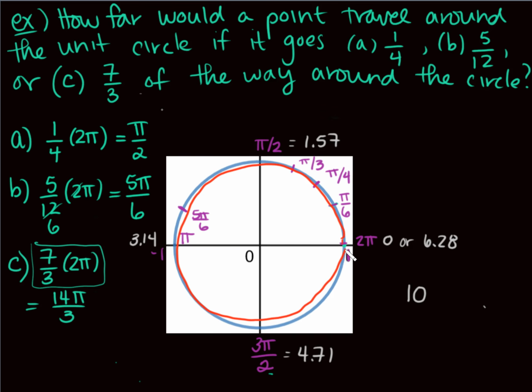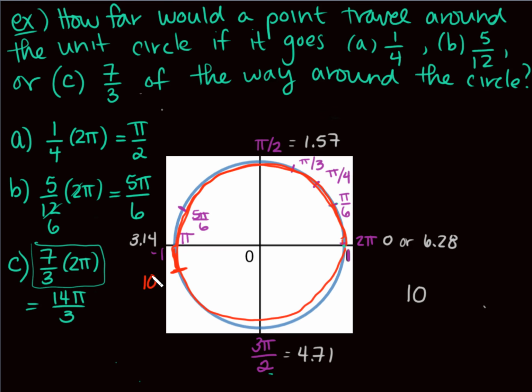And why did I add 3.14? Well, here I'm at 6.28. If I add 3.14 to it, I'm at 9.42, and then I just need to go a little bit more, about half more. So I'd probably be somewhere here in the 3rd quadrant. I don't want to add another 1.57 to that 9.42, but I'm probably going to be right around here somewhere, and that's where I'm going to be for a length of 10.